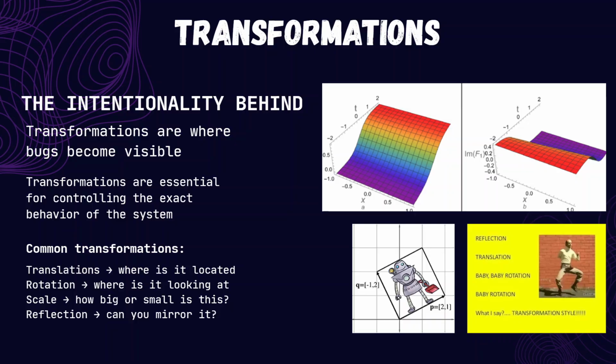And basically, even though we wanted to do that, you can see the transformation that happened to the code and made it work that way. One thing that is essential for this is controlling the behavior of the system, which is actually getting into the coordinate systems.